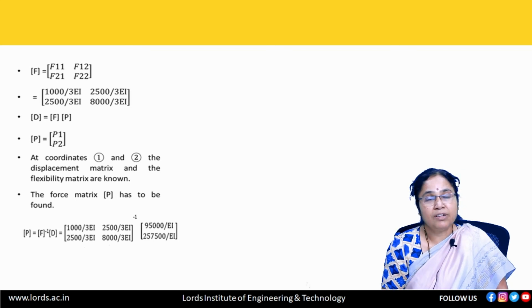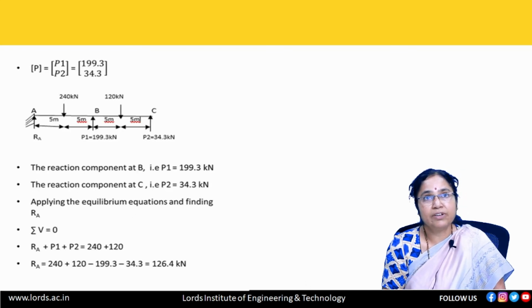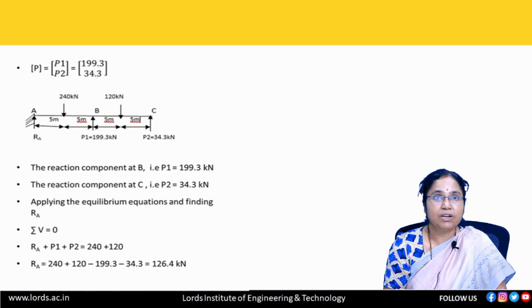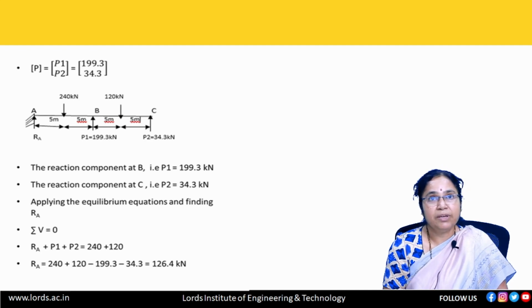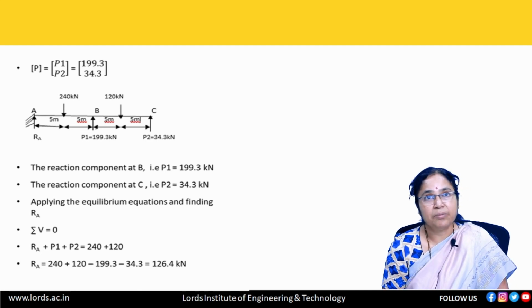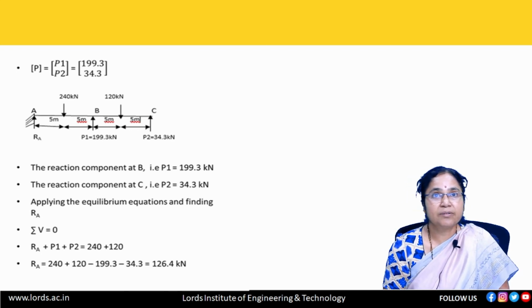After solving that, we get P equal to P1 and P2, where P1 equals 199.3 and P2 equals 34.3. These two, P1 and P2, are nothing but the reaction components at B and C, where the reaction at B equals 199.3 and the reaction component at C equals 34.3.